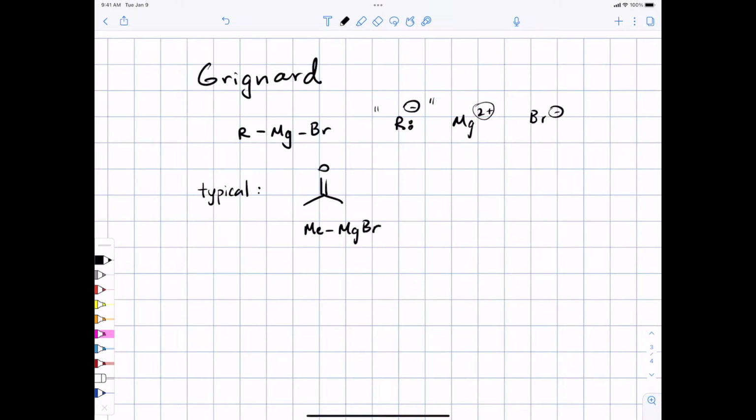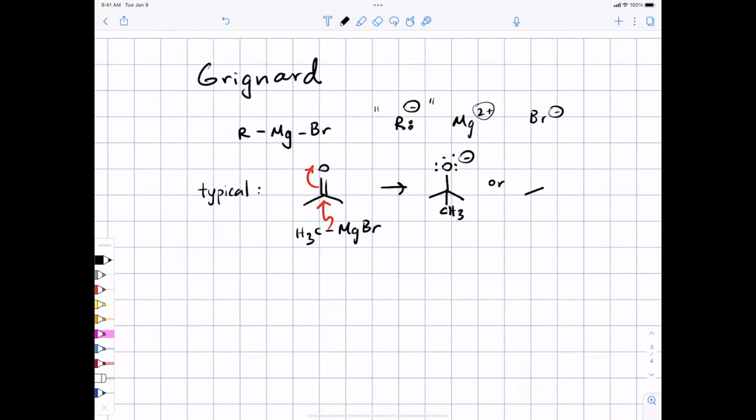you would take the electrons in the bond between carbon and the magnesium. Let's just be very clear. They would leave for magnesium and they would attack the carbonyl carbon, and you'd get a tetrahedral intermediate. Typically we draw that like this, and we ignore the counter ions.